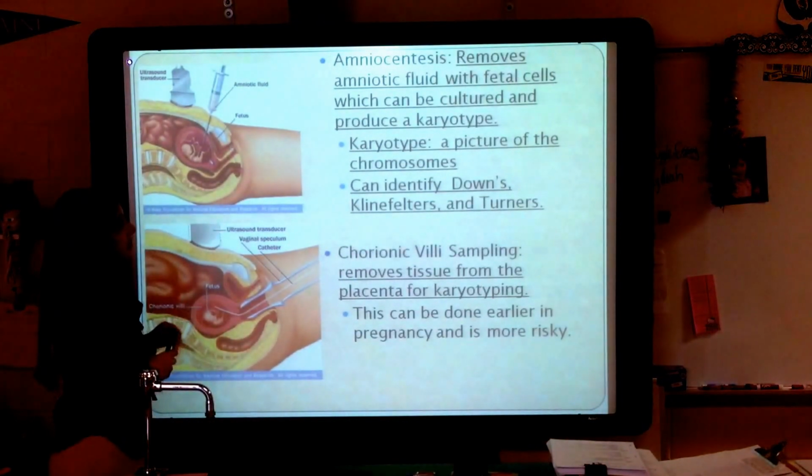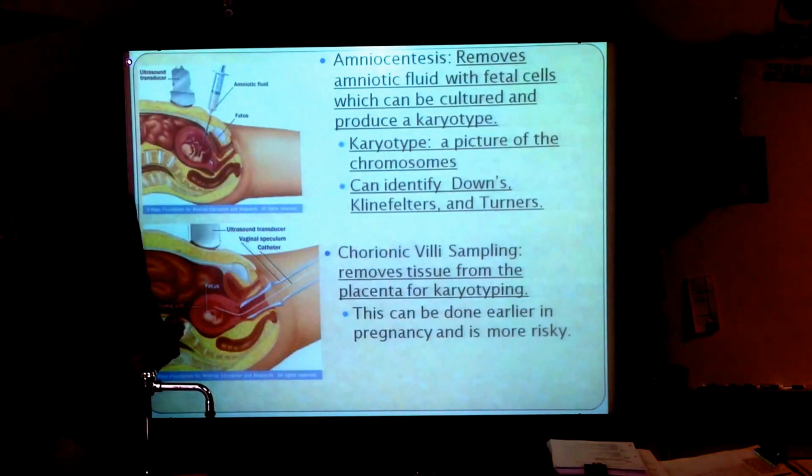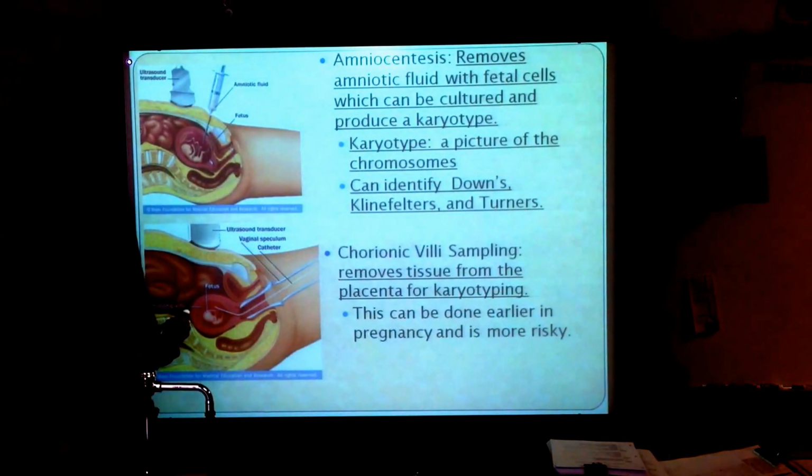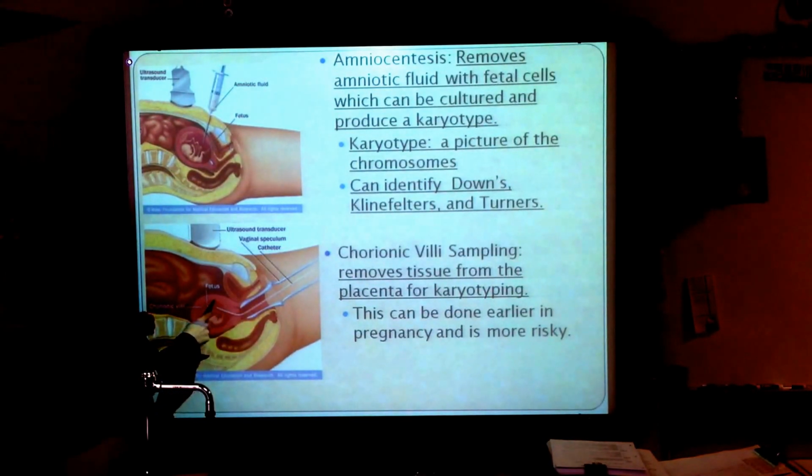But you usually can't do this until about 14 weeks. So that's somewhere around 3 months. And that means that a lot of times that's really late in the pregnancy. If you want to do it earlier in the pregnancy, usually around 4 to 6 weeks, you can do something called chorionic villi sampling. It removes tissue from the placenta for karyotyping.